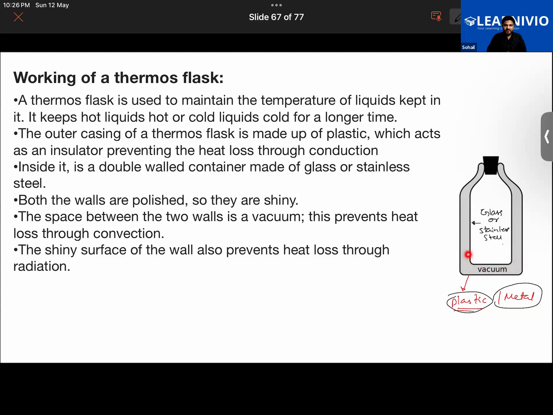Air is a bad conductor, and what about vacuum? Vacuum will not allow any amount of heat to pass through it.